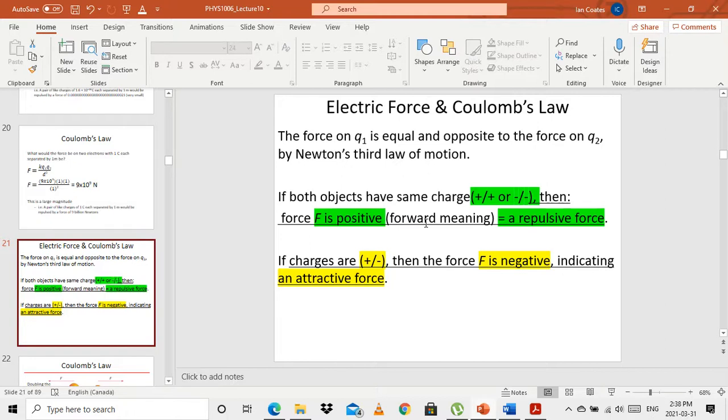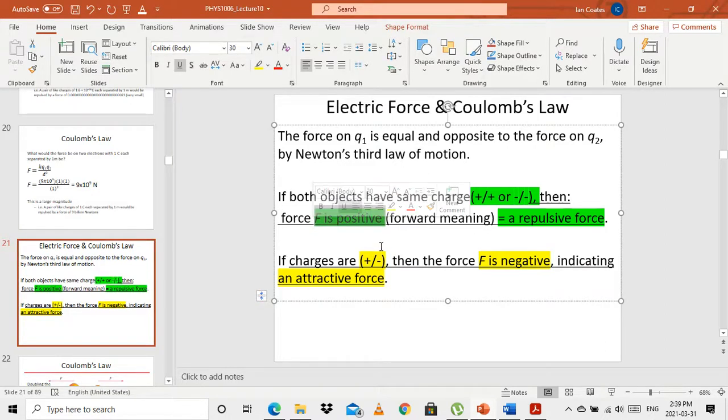I put these in nice ugly colors so that you guys would see this. If both objects have the same charge, they're going to repel each other, right? Because the same charges don't like each other. So how do we know that they're going to repel each other? Because the force is going to be positive.